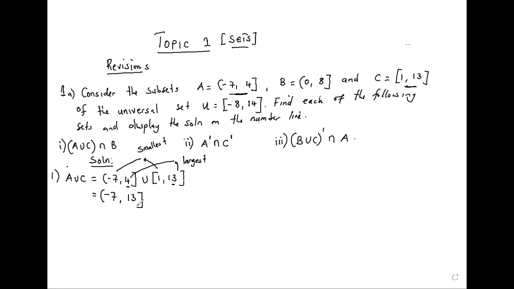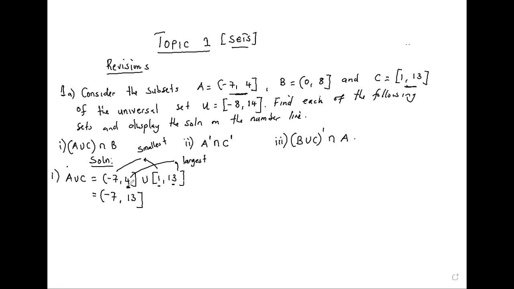So you are doing that if this one is less than this 4, because now we're sure they intersect. Okay, now you're sure they intersect. So we get it like that. So this is A union C.